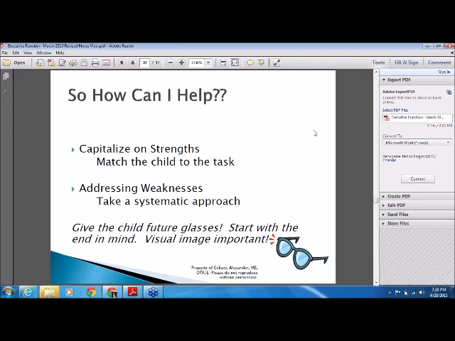And also, when we're addressing weaknesses, I think that we can take a very systematic approach about how to help. I think those are some of our talents that we bring as OTs to the table that are different than a teacher or a speech therapist or some type of learning specialist. I really do think that that is something that we offer. I know I mentioned that last time.